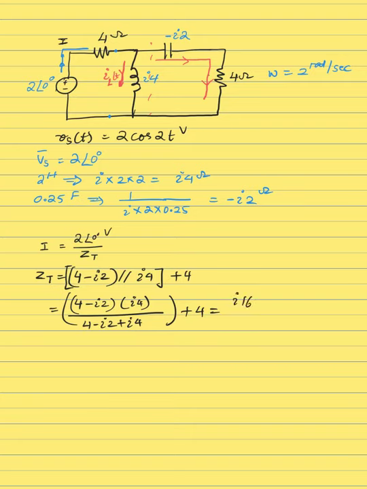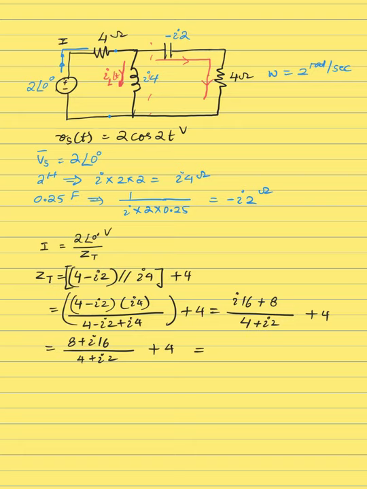So that gives you j16 plus 8, divided by 4 plus j2, and a 4 in here. So now you have 8 plus j16 divided by 4 plus j2. Simplify that, and then you add a 4.